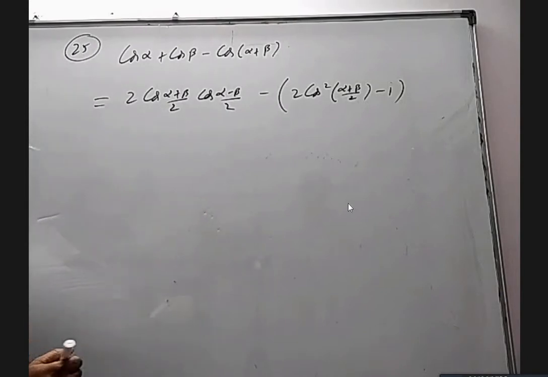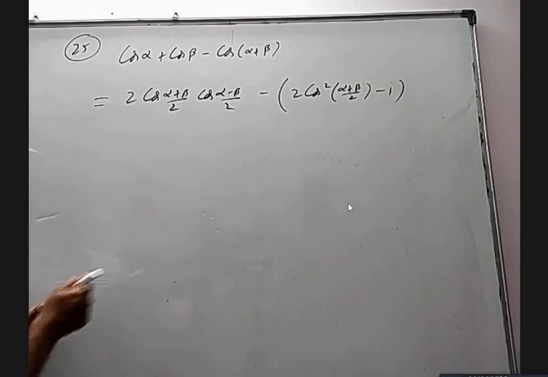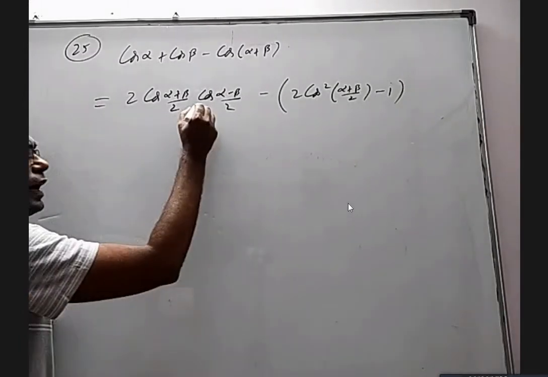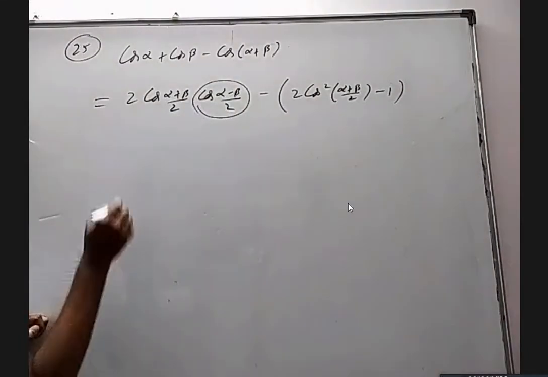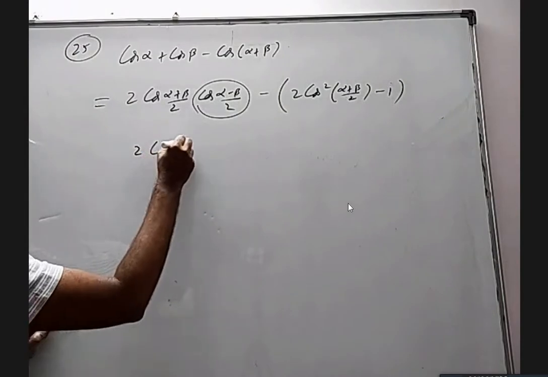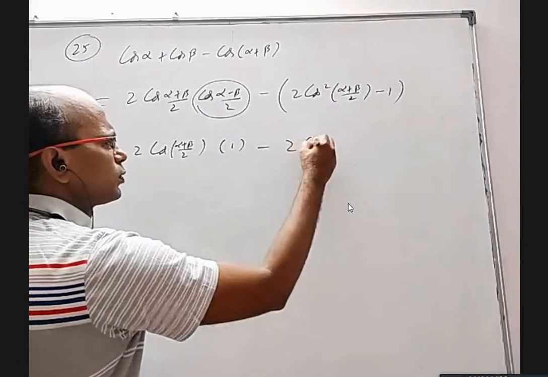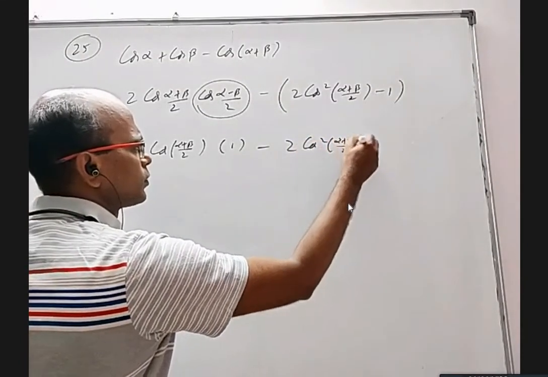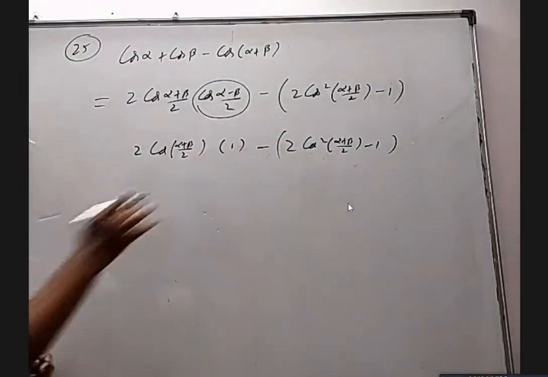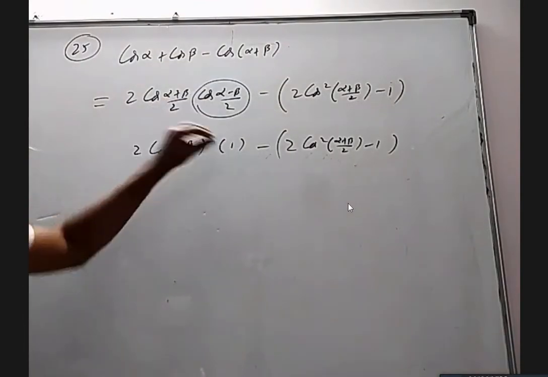Now cos (alpha plus beta)/2 is common, sir. Yeah, I can take it, but before that I want to remove this and write 1. 2 cos (alpha plus beta)/2 into 1 minus 2 cos square (alpha plus beta)/2 minus 1. From here to here what have I done? I removed this and substituted 1.